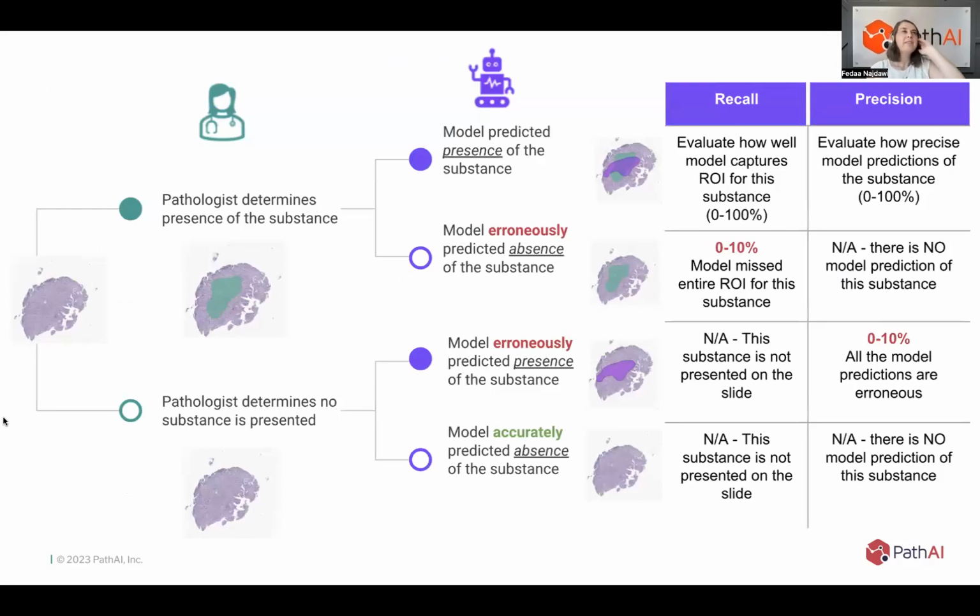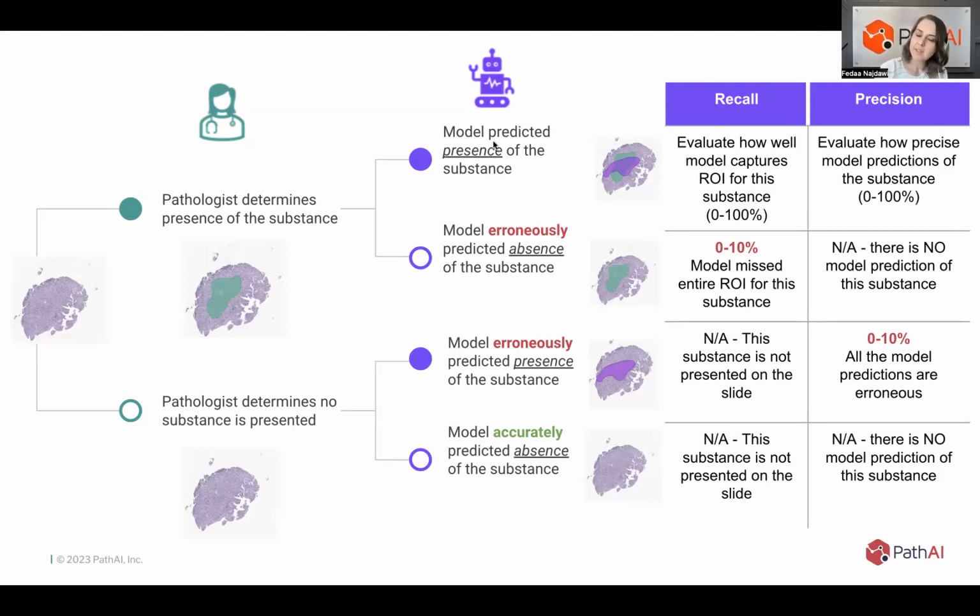The way that you would approach it is you would look at the biopsy first. So pathologists can decide whether a certain substance or tissue area is present or absent. Now, if that tissue region is present, then you would look at the model prediction. Did the model predict the presence of a substance?